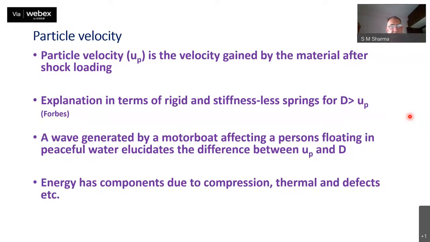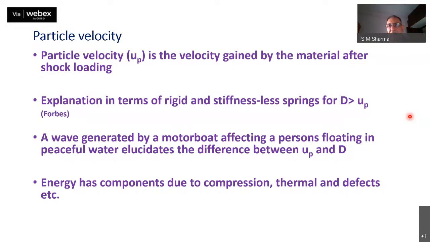And the other example is, suppose it has no rigidity. Then in that case, the shock will only move if the first atom makes an impact with the second atom, and the second makes an impact with the third, and so on and so forth. Then the only difference between the shock velocity and the particle velocity would be the diameter of the atom.